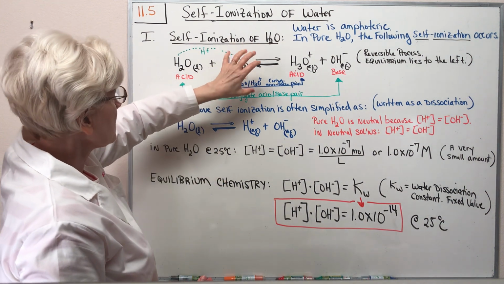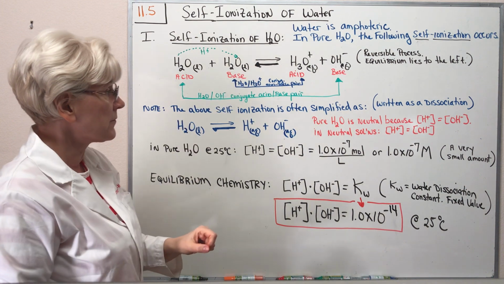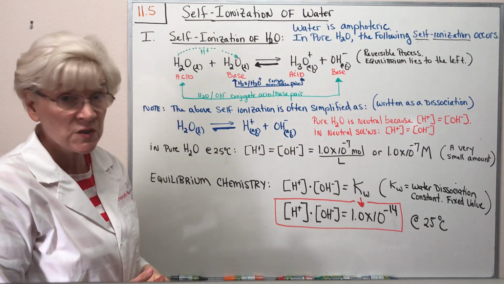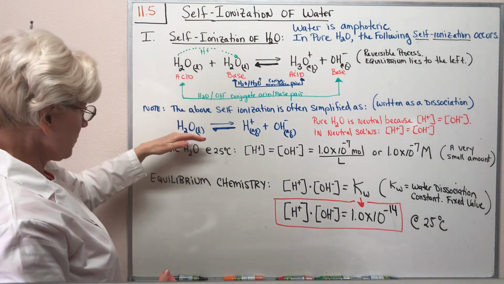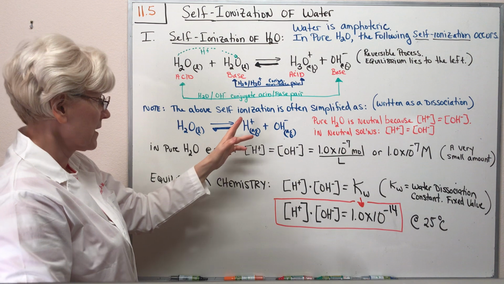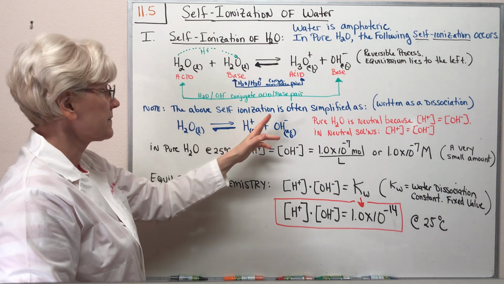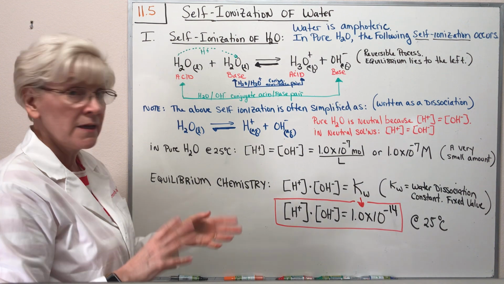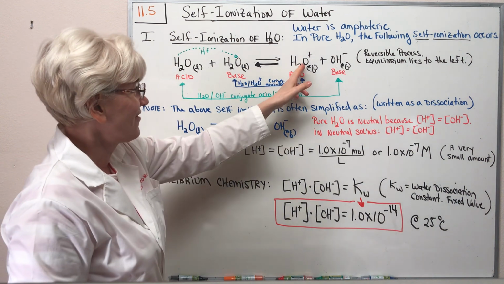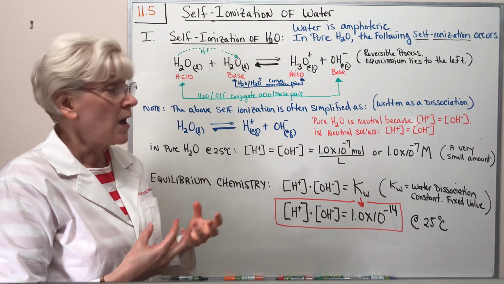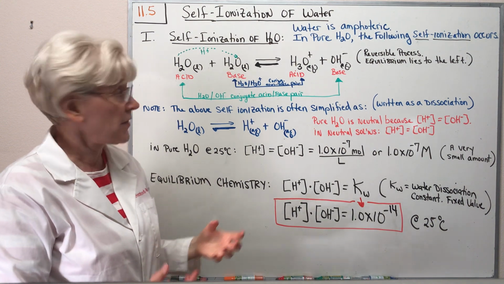This overall self-ionization equilibrium can be simplified and written as a dissociation, where you just show one water molecule splitting apart and forming a hydrogen ion and a hydroxide ion. You recall that we identified that a hydronium ion and a hydrogen ion are synonymous with each other.